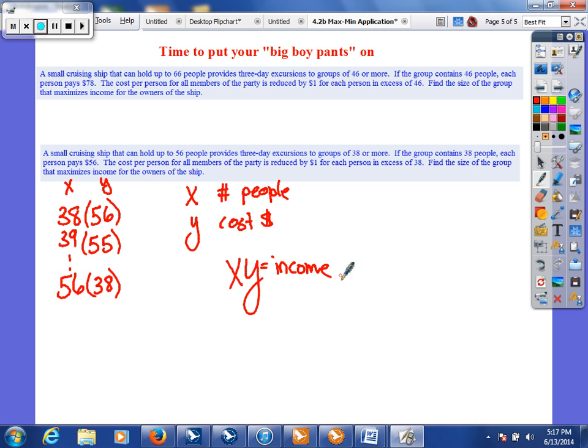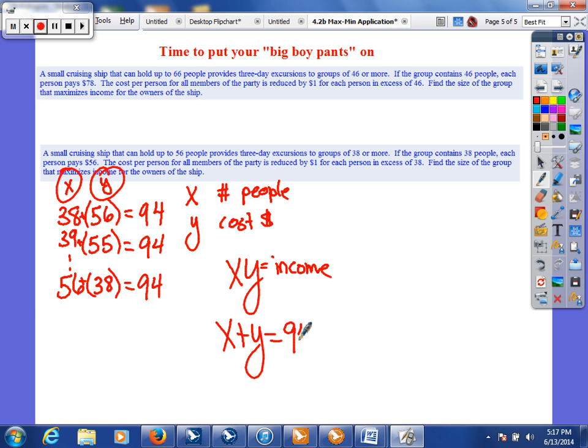I need my secondary, so if I look here and I add these, I know we're multiplying to find the income, but if we add them, because the secondary doesn't have to go with the primary, it could be just something else. If we add these, what we end up getting is 94, I believe, every single time. So in other words, instead of using the numbers, if we use x and y, wouldn't it be safe to say x plus y should equal 94?